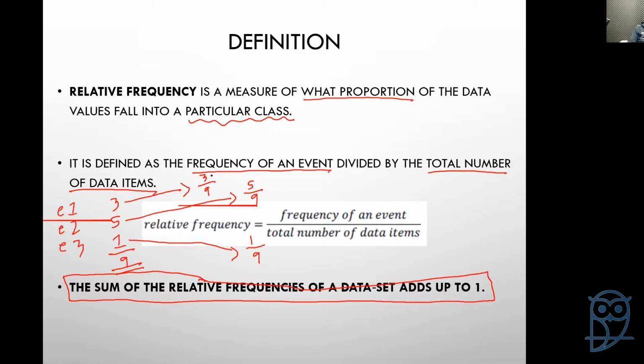Now, if you add all of them together, 3 plus 5 plus 1, 3 plus 5 is 8, plus 1 is 9, and we can just add the numerators because our denominators are the same. So that comes out all together at 9 over 9, and that's why it comes out as 1. So the sum will always be 1.